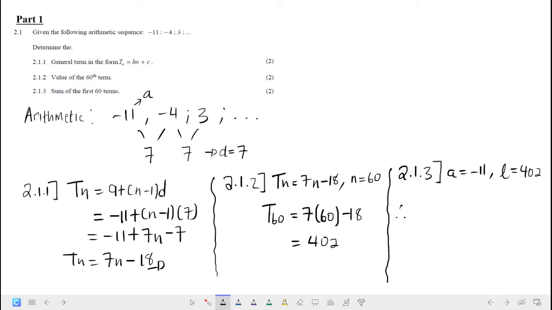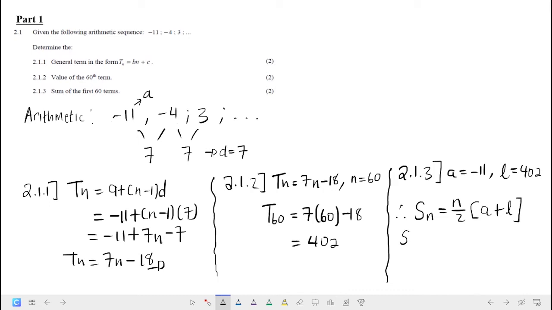To calculate the sum of the 60 terms, we're going to say Sn equals n over 2 times (a plus l). L means the last term, because remember we want the sum of the first 60 terms. We know the first term, and we know the 60th term, which is 402.